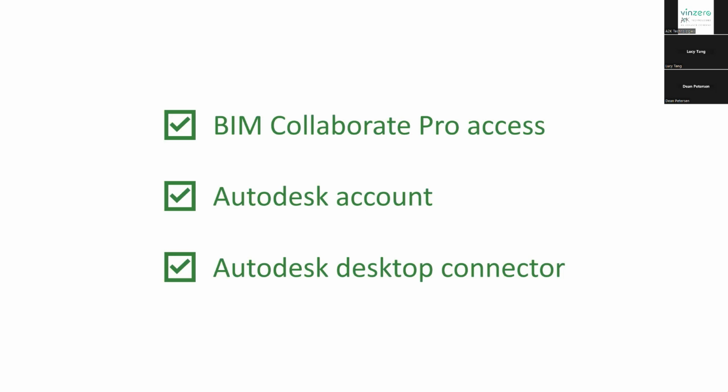The second half of this is access. Even if you have a subscription, if you don't have BIM Collaborate Pro activated for you inside ACC, you won't be able to use any of BIM Collaborate Pro's modules. This is something to keep in mind, and we will go over this point later on in the webinar.